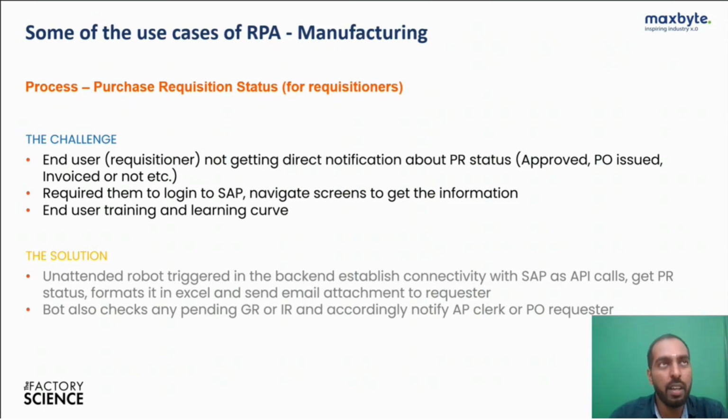Each time in the manual process, the customer or the staff needs to log in to SAP, navigate to the screen, and go to the particular purchase requisition number to get the status of that PR. In RPA we can avoid all these time-consuming processes.